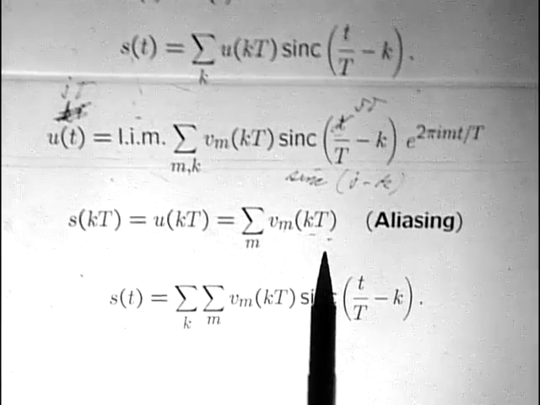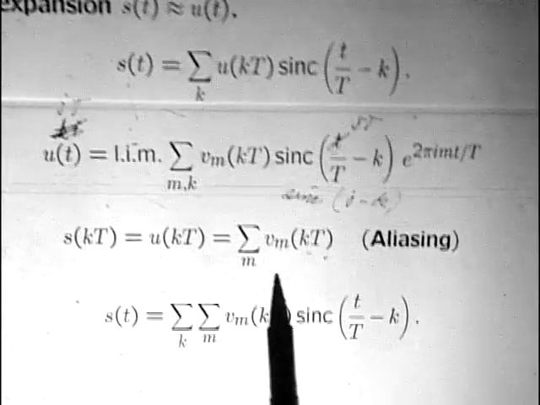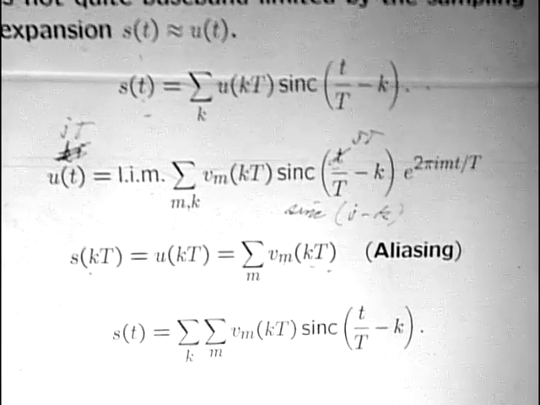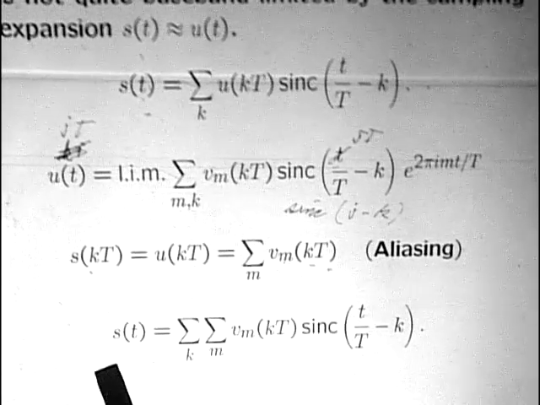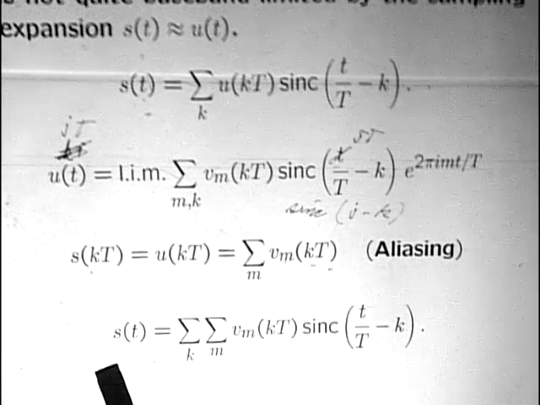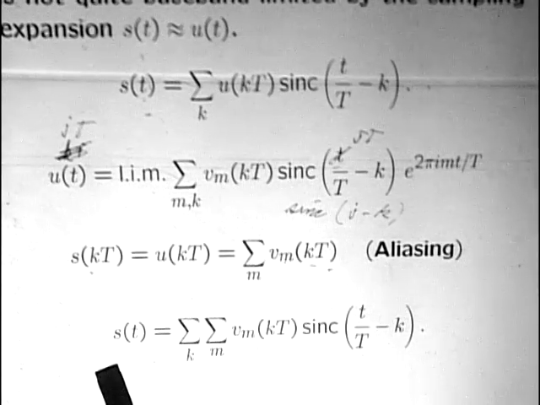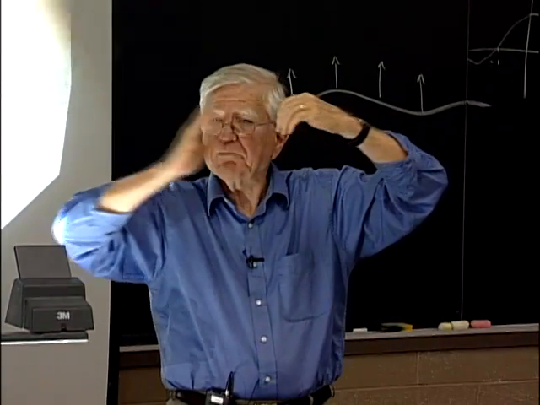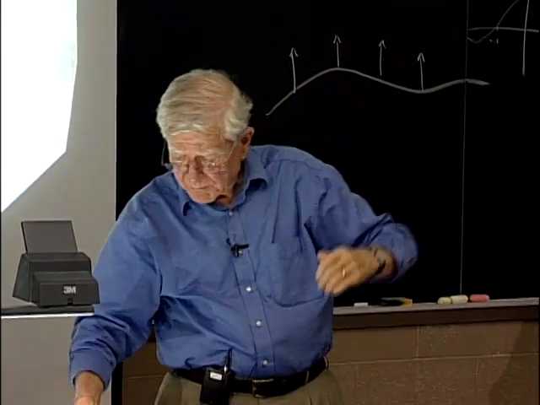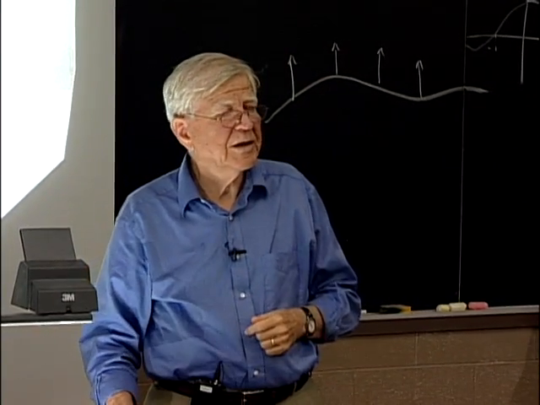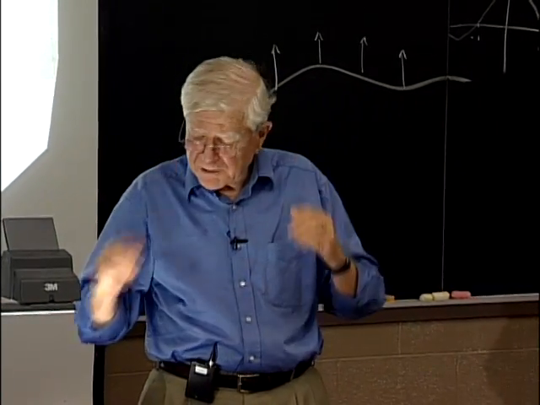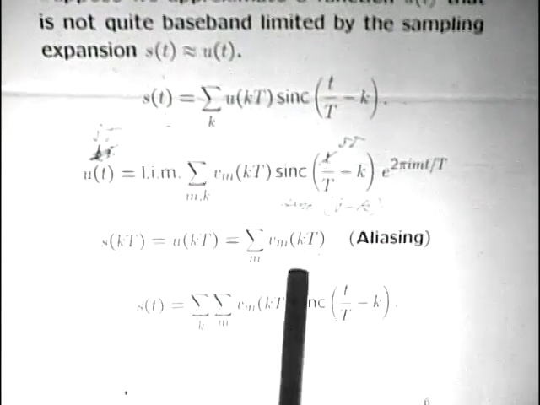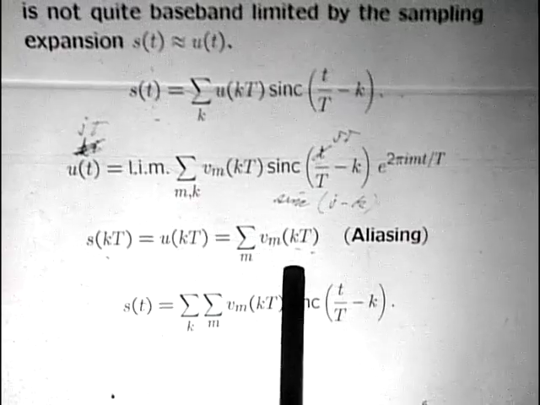Now, what is it saying? The thing this is saying is if you take this function u of t, which has a bunch of different frequency bands in it, each of those frequency bands has a sampling theorem associated with it. Each one of those frequency bands is represented by its samples at periods of time kT. But as soon as we look at u of kT, if we only have the samples u of kT, there's no way to tell which frequency band it is coming from.